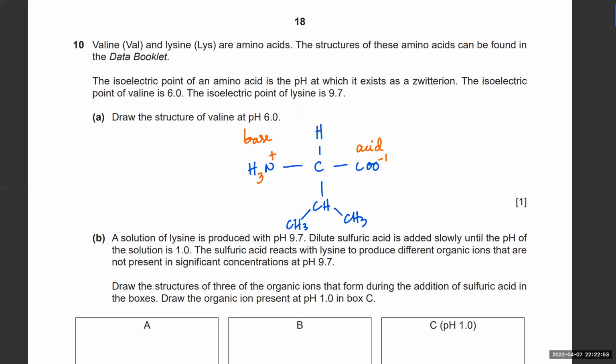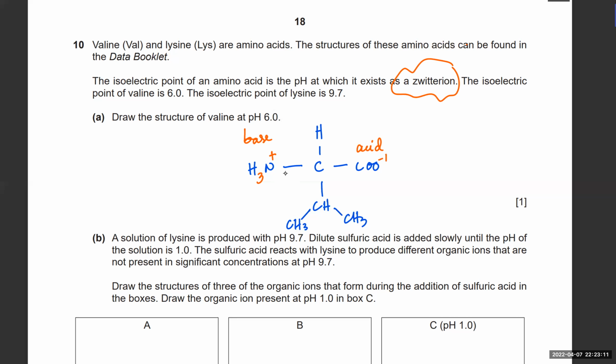So that is what a zwitterion is, that it has negative charges and positive charges, but it has no overall charge. So is this clear what a zwitterion is? Yes, sir.